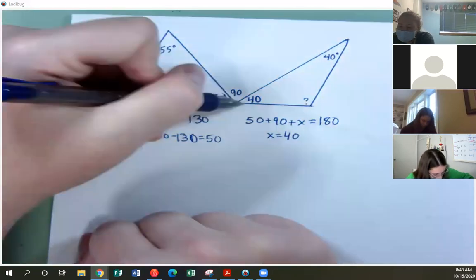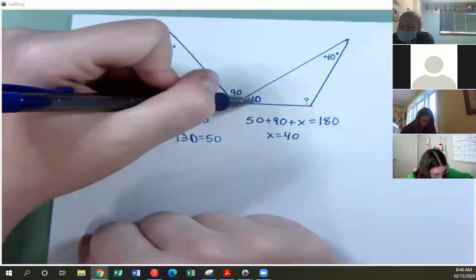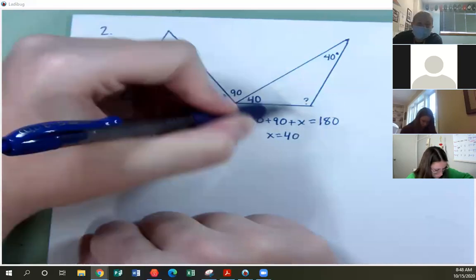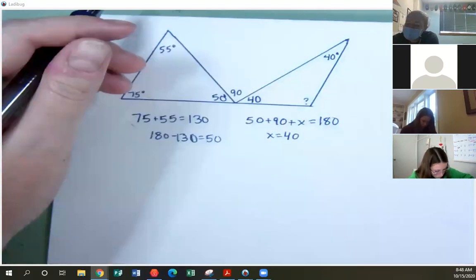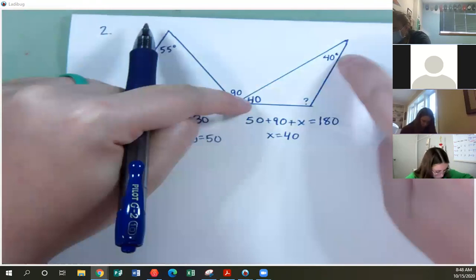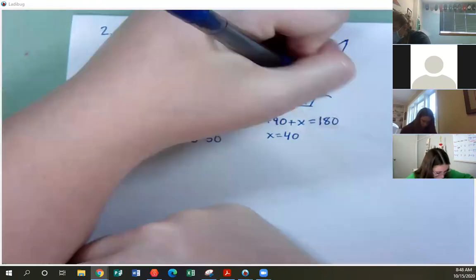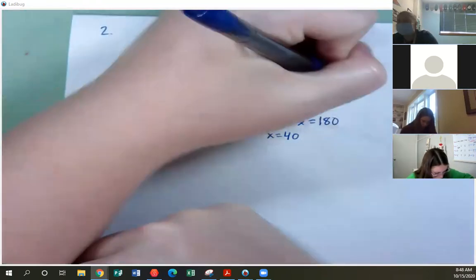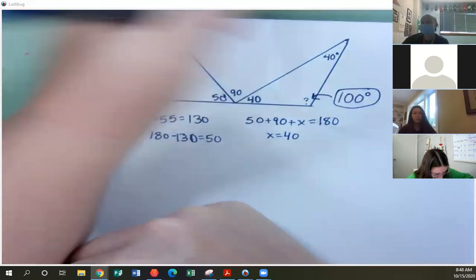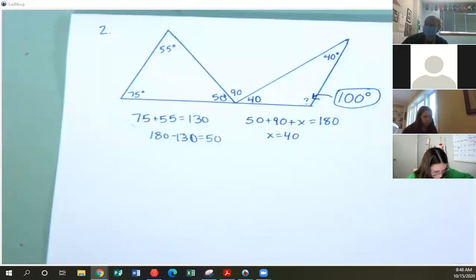Okay, and then right here, we've got 40, we've got 40. We need to figure out how much this is. And all you have to do is add those together, subtract from 180, and you can solve this. It's 100 degrees. Okay, so you'll have a similar one on the test that looks like this. So just make sure you know how to do that.